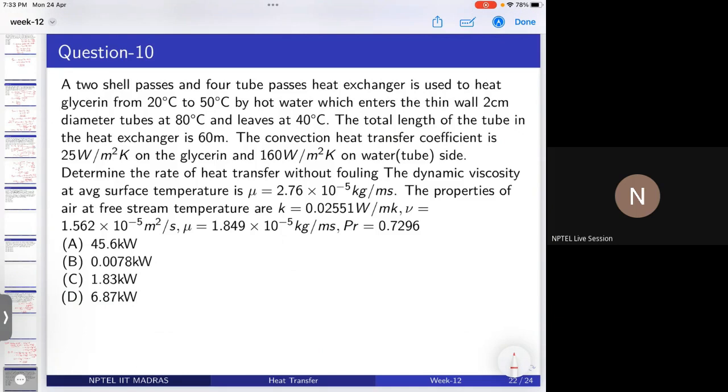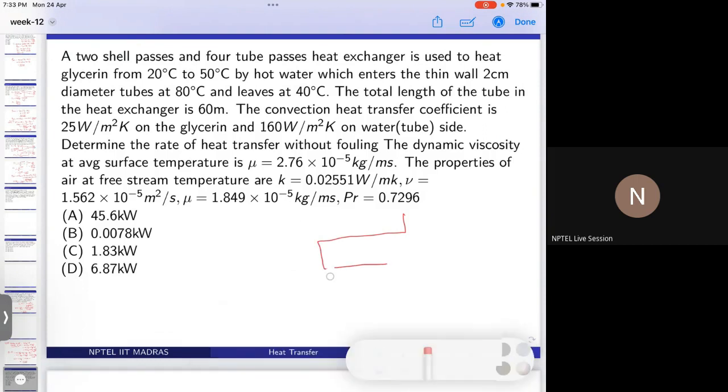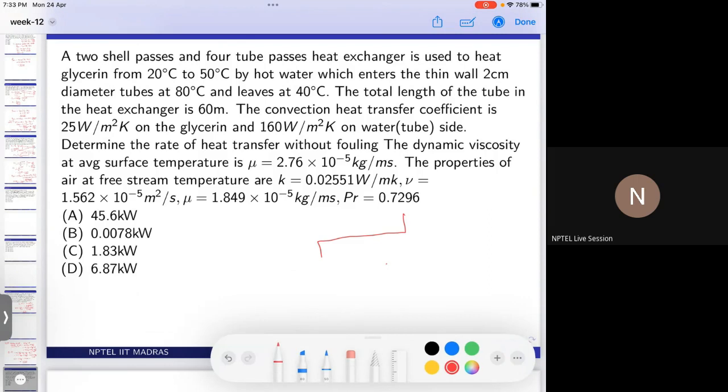So in this question, I will draw the schematic. It's a 2 shell pass and 4 tube pass heat exchanger. So this will look something like this. 2 shell pass.